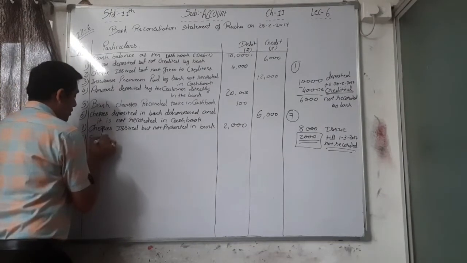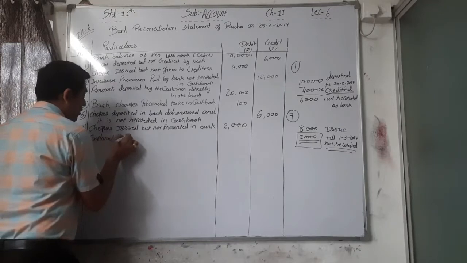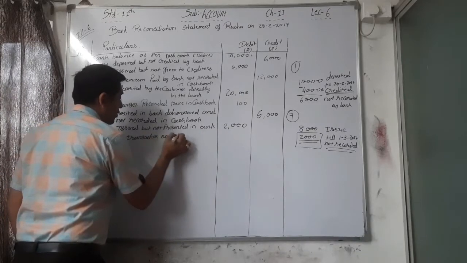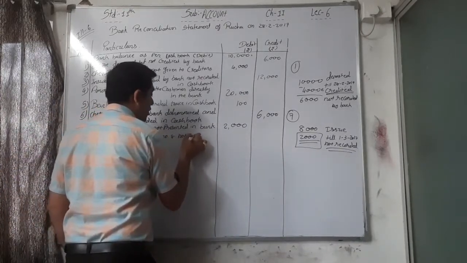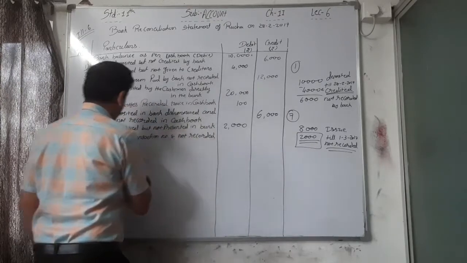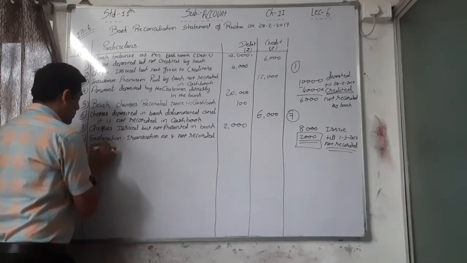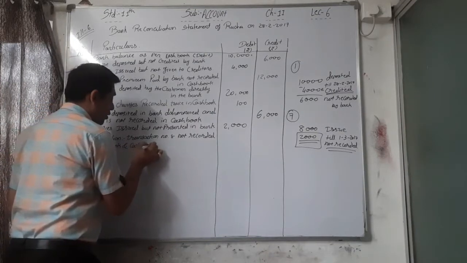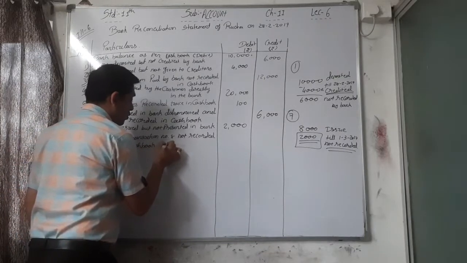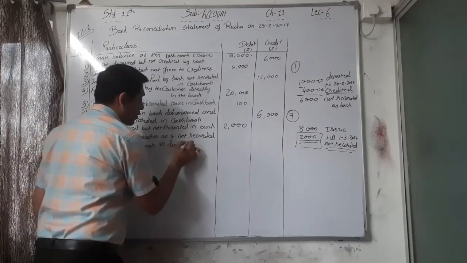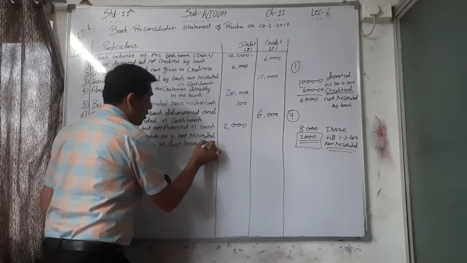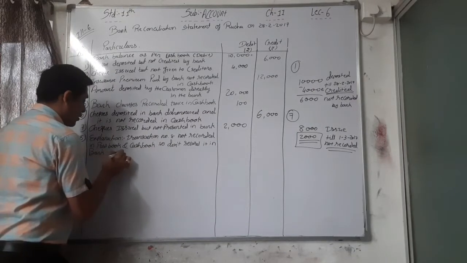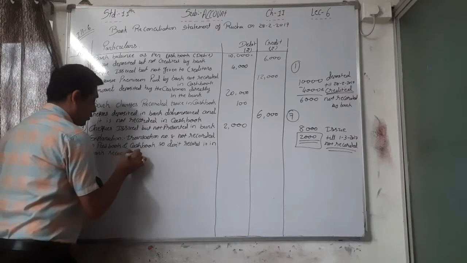Just explanation: transaction number 8 not recorded in passbook and cash book, so don't record it in bank reconciliation statement.